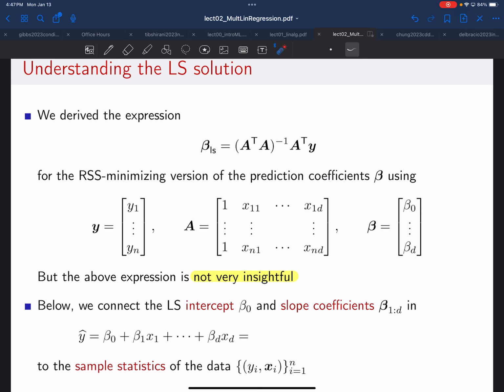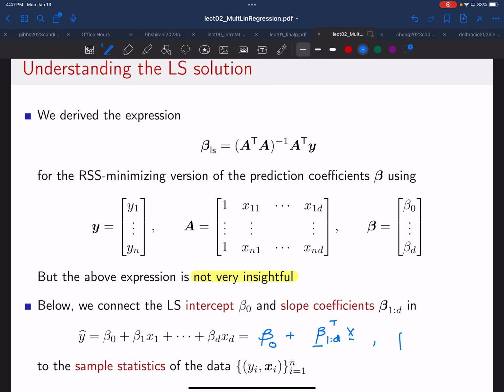In order to make that possible, we're going to have to change our notation just a tiny bit to account for the fact that the intercept operates in a different way than the rest of the coefficients, the slope coefficients. In other words, we have beta 0 plus, and we're going to make a new vector. We're going to call it beta sub 1 through d, transpose x.